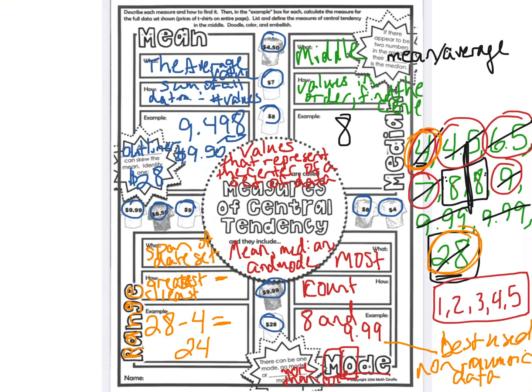So mode, or most often, would be a great way to talk about the central tendency of non-numeric data. So that's how we measure mean, median, and mode, the measures of central tendency, and then we also talked about range. So let's do a couple examples.